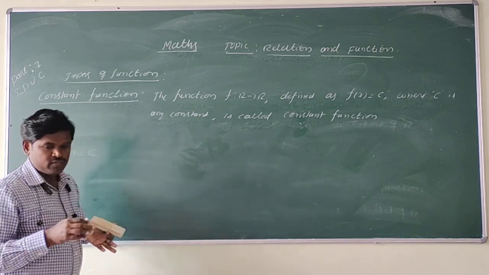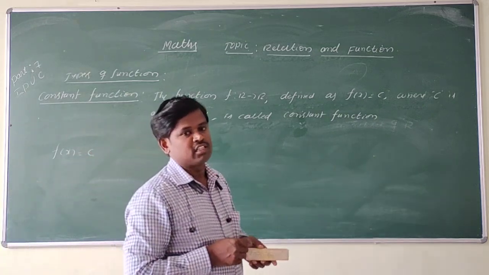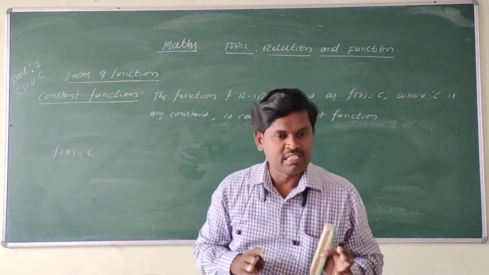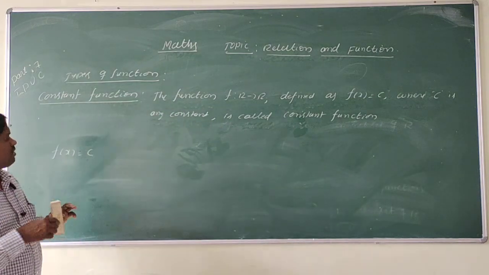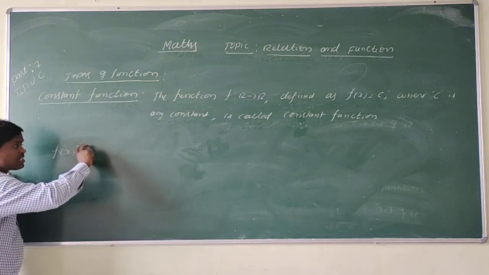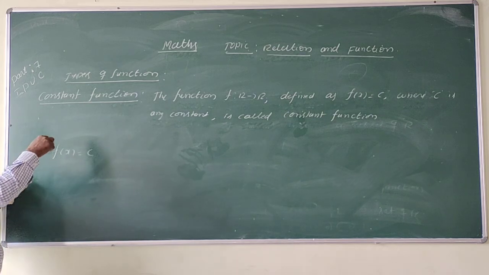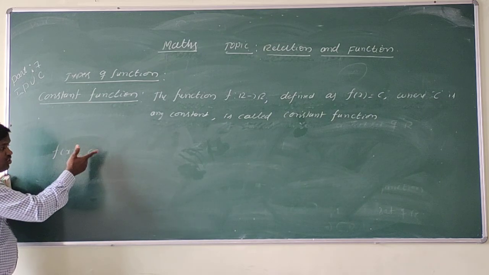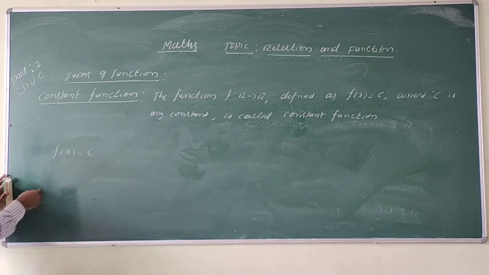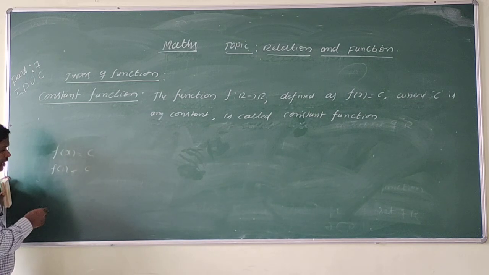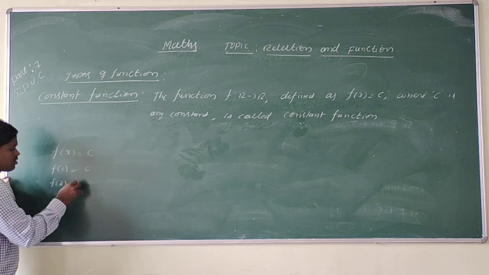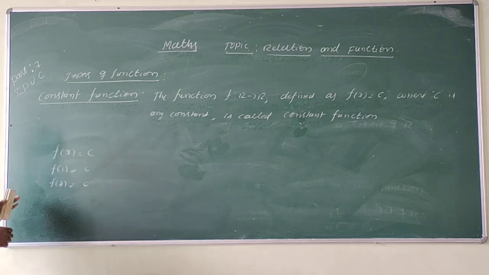A constant is a quantity which remains the same during a set of mathematical operations. It does not change. Whatever value is given to x, there is no change in the value of c. So f of 1 is some constant c, f of 2 is some constant c.